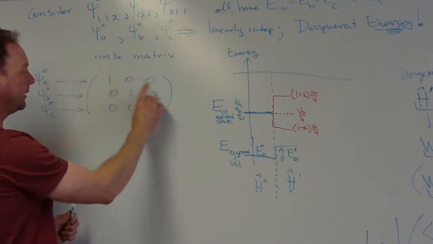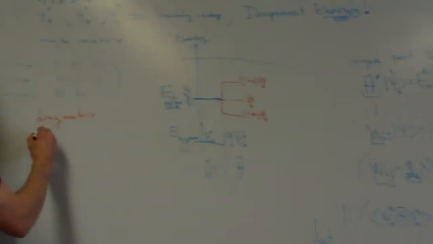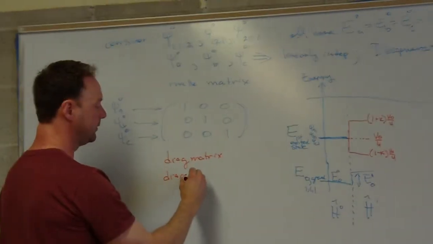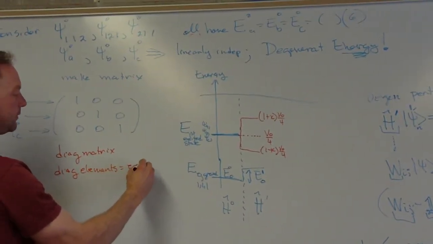So when you have a diagonal matrix, the diagonal elements equal the eigenvalues.